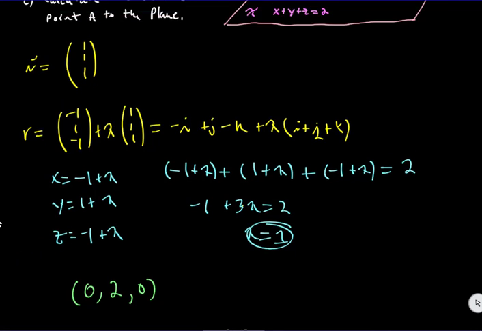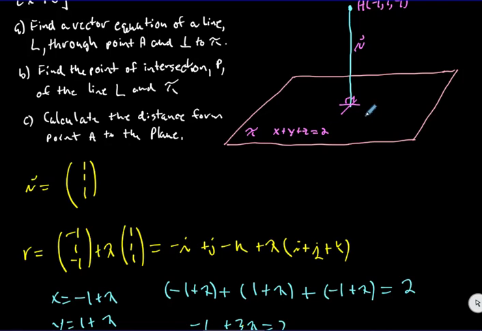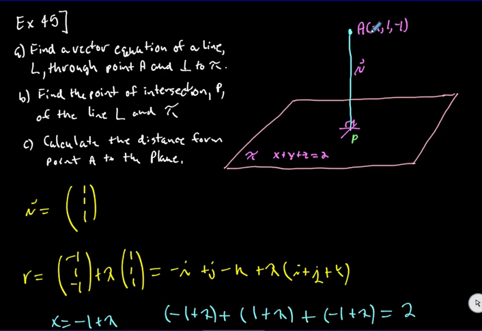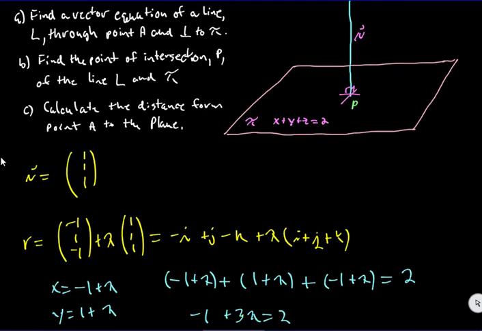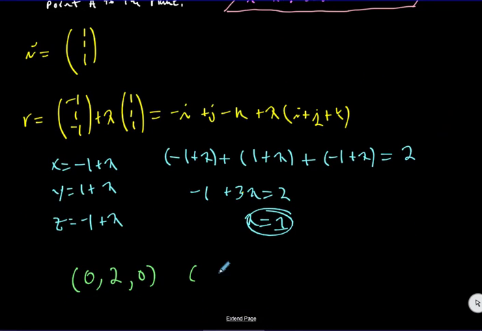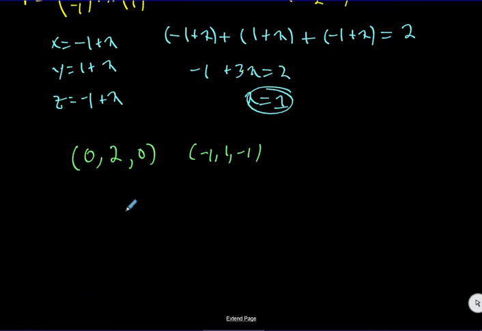And then the last question says calculate the distance. So we found the intersection P right here. We have point A, which is the point -1, 1, -1, and I want to calculate the distance between those two points.